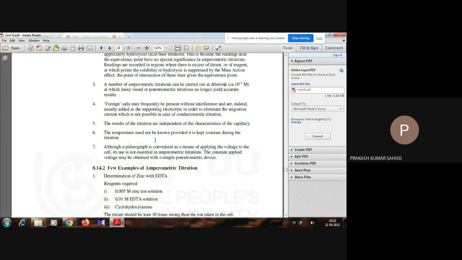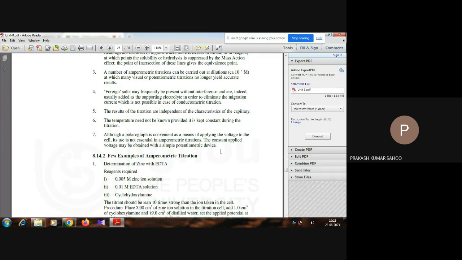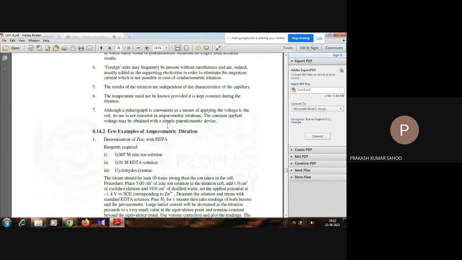The temperature need not be known, provided it is kept constant. A graph is convenient as a means of applying the voltage to the cell. It is not essential in amperometric titration. Okay, so voltage is not required.